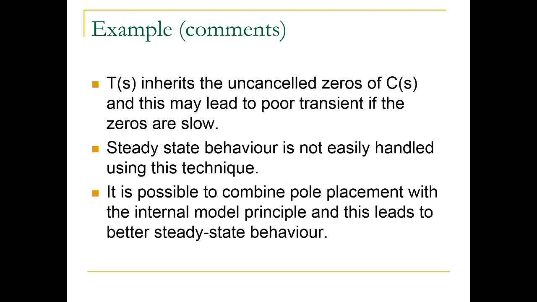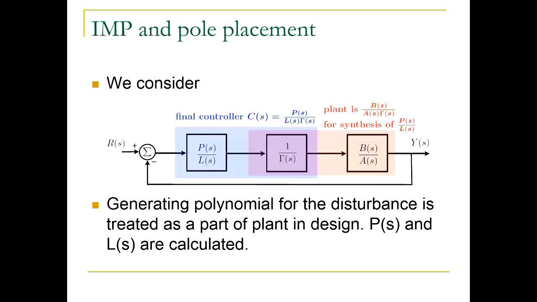So if the controller has an unstable zero, the closed loop transfer function or complementary sensitivity would have an unstable zero as well, and that would cause undershoots in the step response. As I said, steady state behavior is not easily handled directly by this technique, but you can combine it with the internal model principle. So how do we do this?